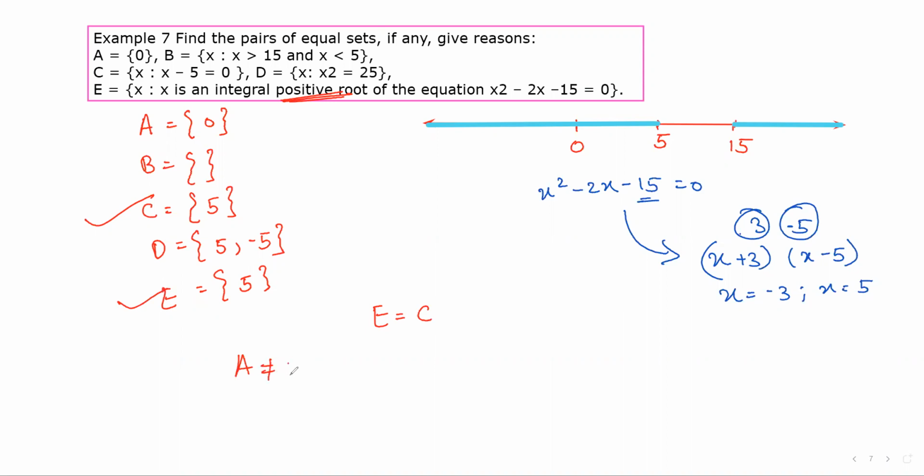A is not equal to B is not equal to D. C is not equal to D. And at the same time, A is not equal to B is not equal to C, and D is not equal to E.